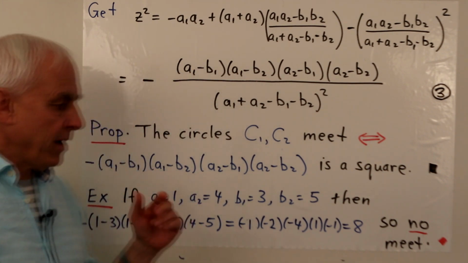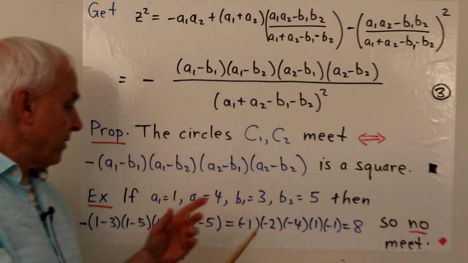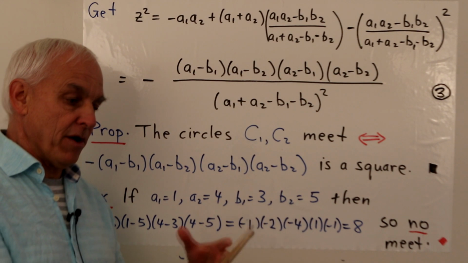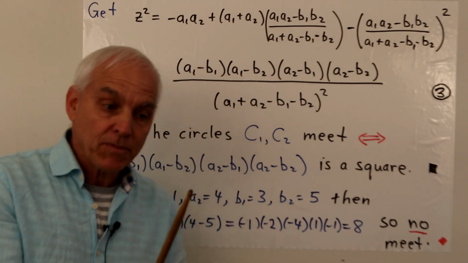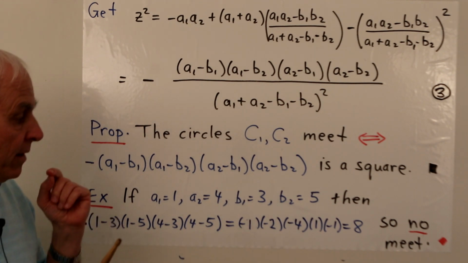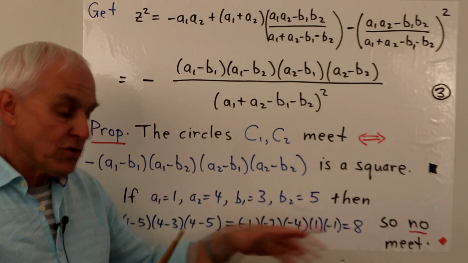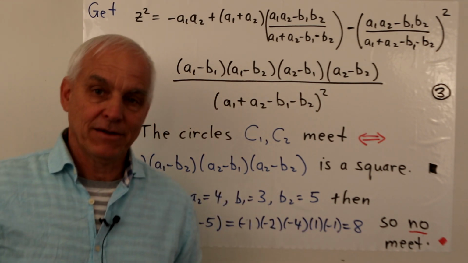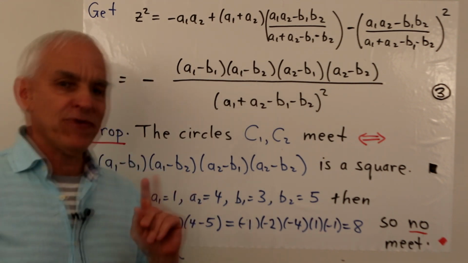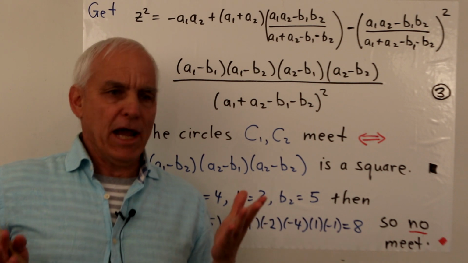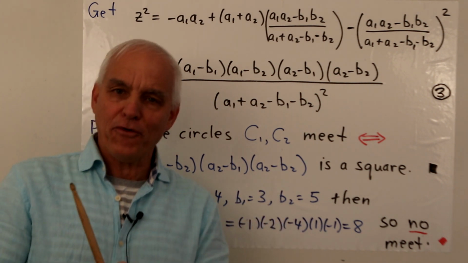So in the example that I showed you, with these being the points on the y-axis that are used to build up the two circles, we can conclude that the two circles meet precisely when 8 is a square. And now we have to ask, what's the arithmetical system that we're working over?